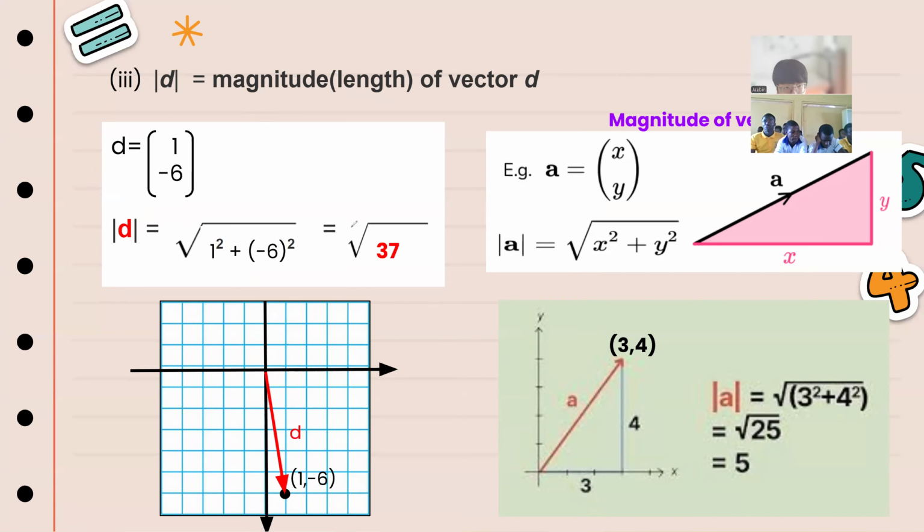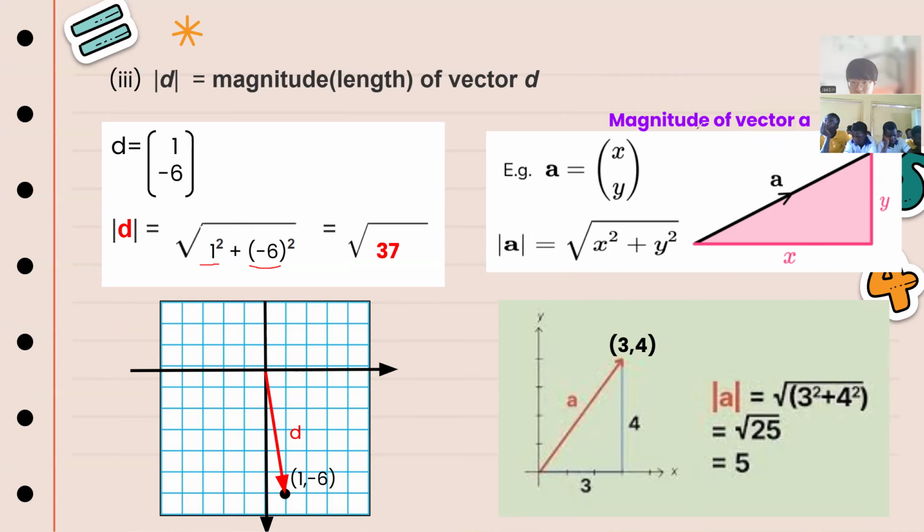We find the magnitude by taking the square root of the first component squared plus the second component squared. This is the general formula for the magnitude of a vector. If you have just a vector (x, y), you take the square root of x squared plus y squared.